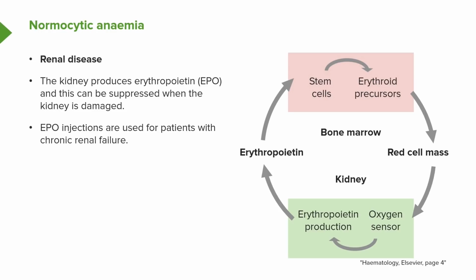If the kidney is damaged, it may not be able to make erythropoietin, and anemia used to be a very severe problem in patients with chronic kidney disease. Now, fortunately, we know a lot about erythropoietin now, and it's been cloned and can be produced as a molecule for injection, and it's widely used for patients with chronic renal failure and helps to increase their hemoglobin.